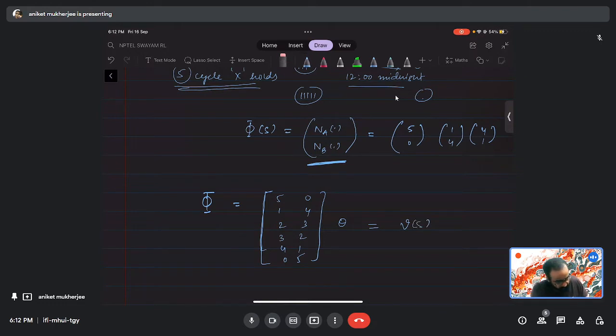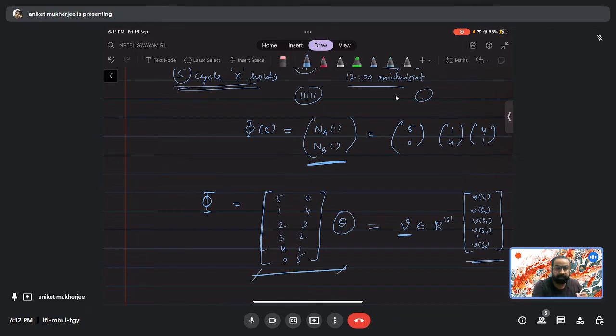This value function belongs to a vector in S. So you will get V of state 1, V of state 2, V of state 3, V of state 4, and V of state 6. So you want a theta such that you can parameterize the values of each state into a linear function. Okay, is this clear, or do you have any doubt on this? Clear.